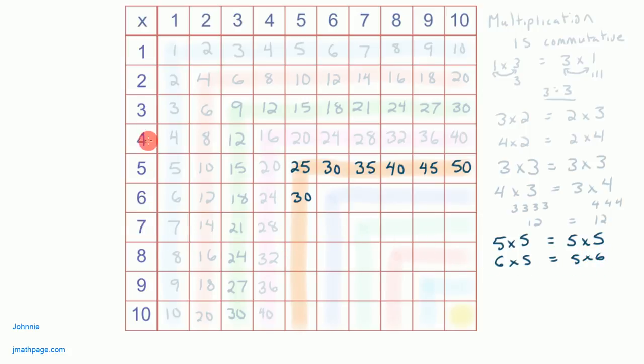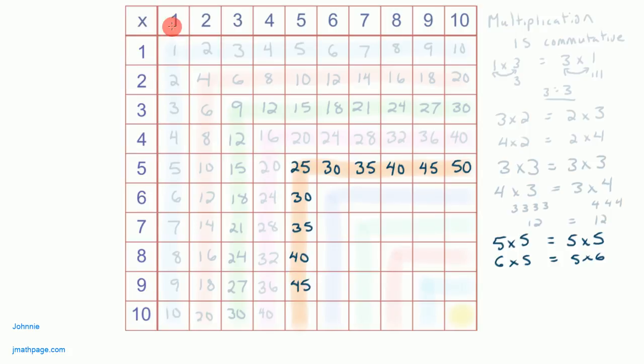Let's keep going. 7 times 5 is the same as 5 times 7, 35. 8 times 5 is the same thing as 5 times 8, which is 40. 9 times 5 is the same thing as 5 times 9, which is 45.